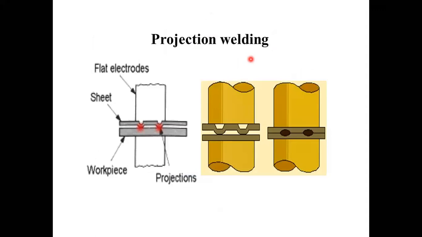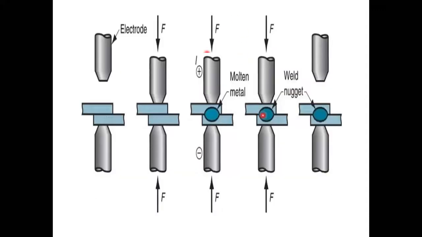Now I am coming to projection welding. You can see in spot welding, only one spot is created because one pinpoint electrode comes into contact.